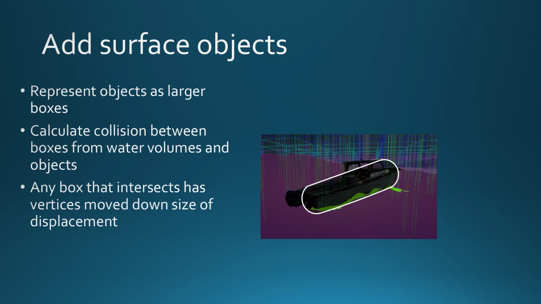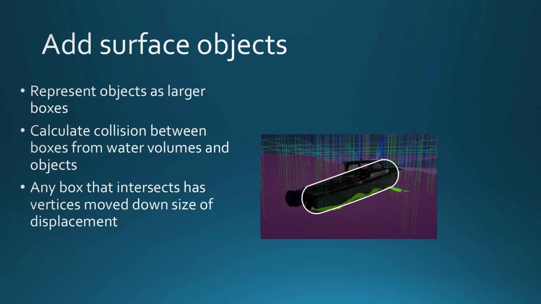And here's the last guy. Adding surface objects could be used in oceans as well, but it's an interesting issue and definitely something that you would want to think about when modeling and making a game.